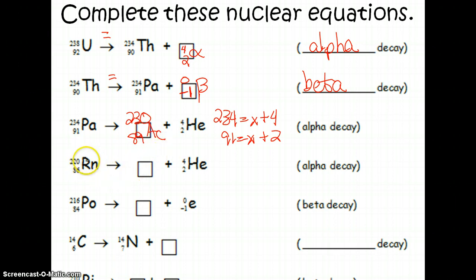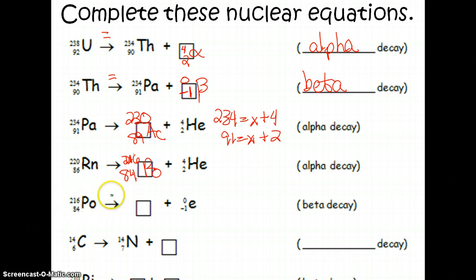All right, the next one you have Rn, so 220 is equal to x plus 4, so 216. And 86 is equal to x plus 2, so 84. And then element 84 is Po, which is polonium.